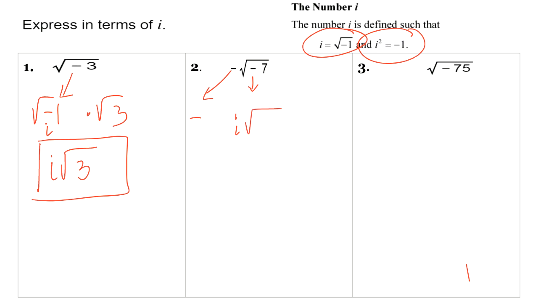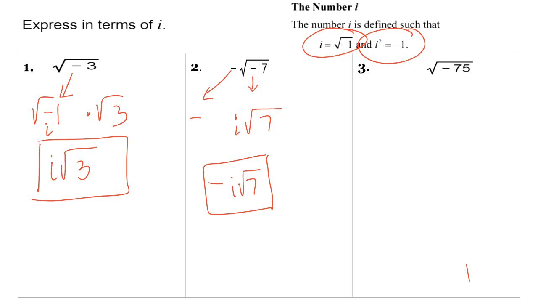I have a +7 that's inside, and that's all I can do. So I have -i times radical 7, or the -i times the square root of 7.